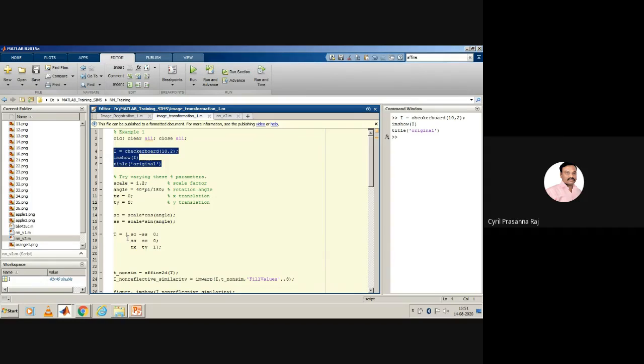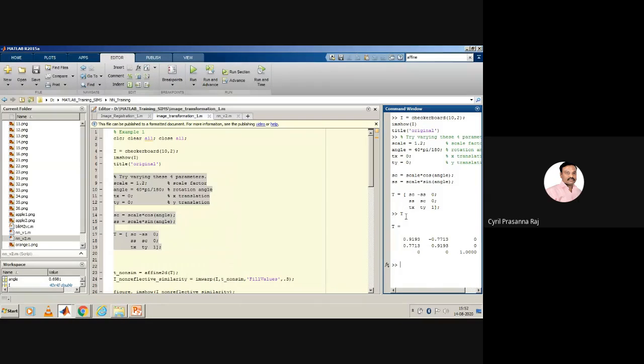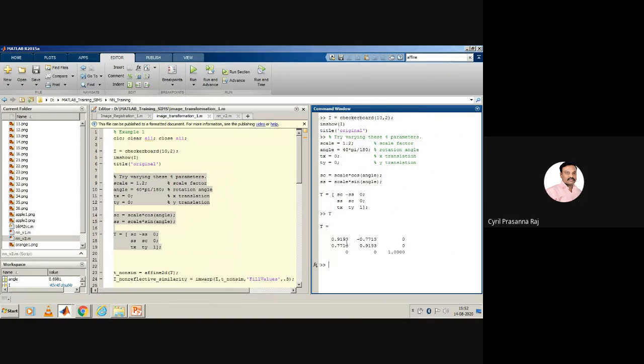We define the scaling as scale, 1.2, into cos of angle, scale into cosine of angle, and we define a matrix called T. This matrix T has a value of 0.9193. So 0.9193 implies SC, which is your scaling multiplied by the theta, then minus SS, SC. This is the format in which you provide the scaling and rotational activity.